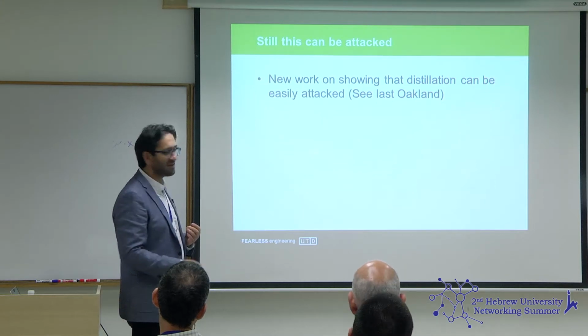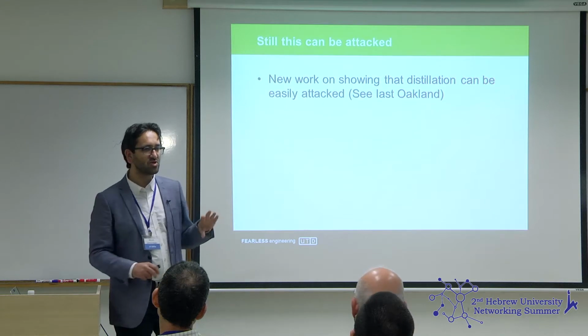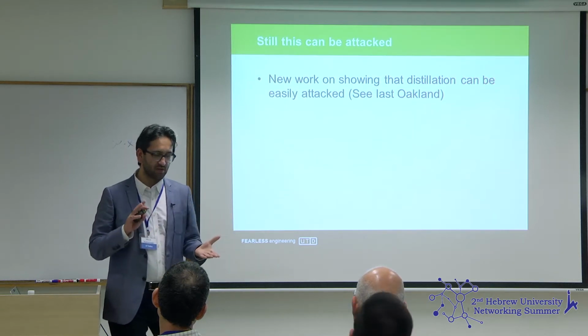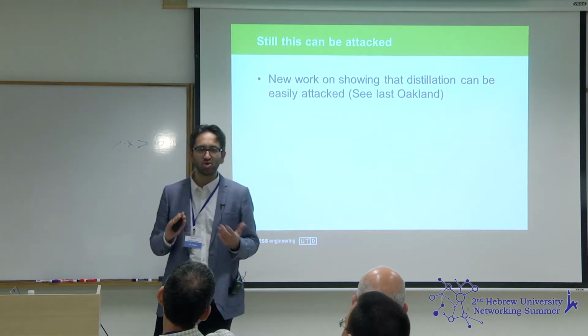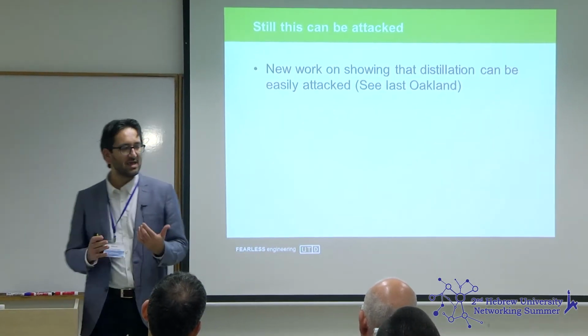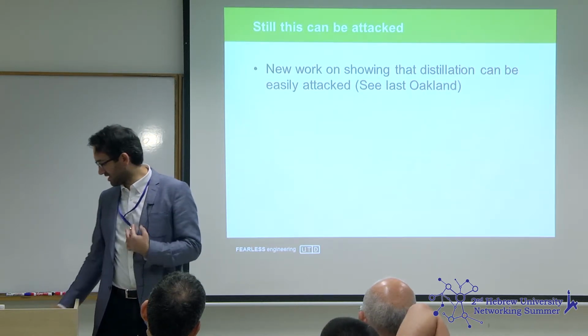So there's another work on that. The reason I wanted to add this is that all these claims are under some assumptions. You need to really understand the assumptions of the defense or the attack, and the assumptions are very critical here.